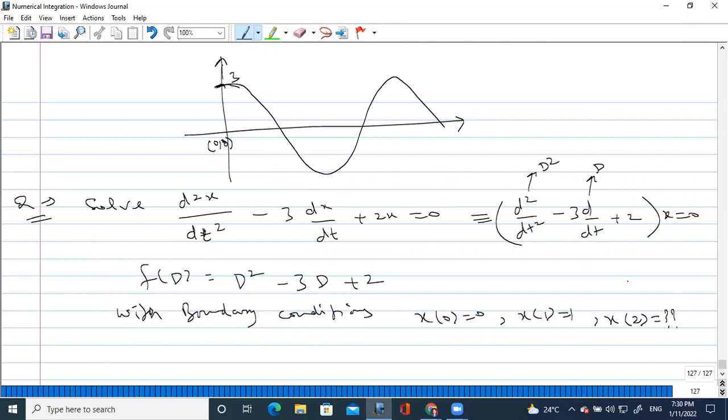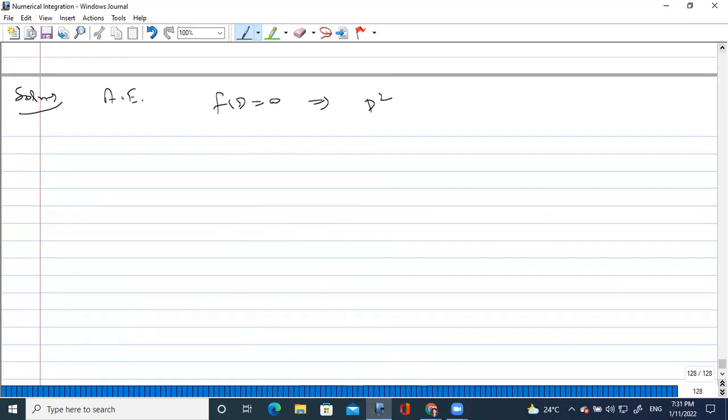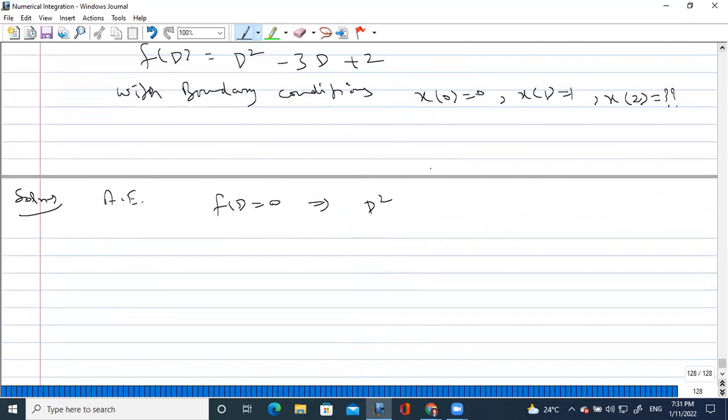Okay, so the auxiliary equation will be f(D) equal to 0, meaning D² minus 3D plus 2 is equal to 0. Here 2 can be written as minus 2D minus 1D.